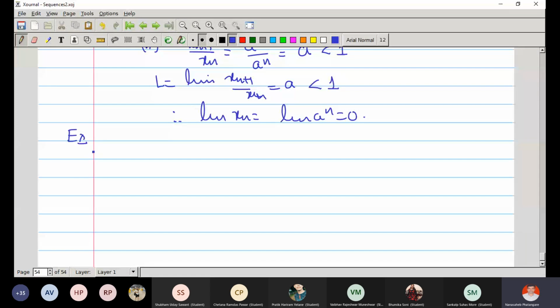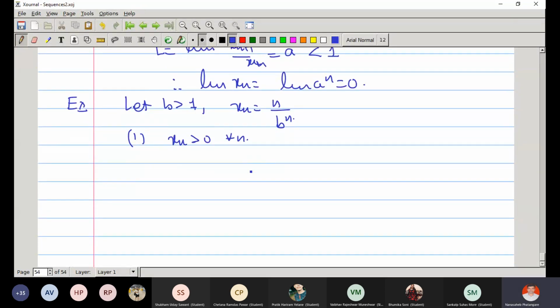Now let us think, suppose b is greater than 1 and xn is equal to n upon b raised to n. What is the first observation? xn is positive for all n. Is it true? Yes.